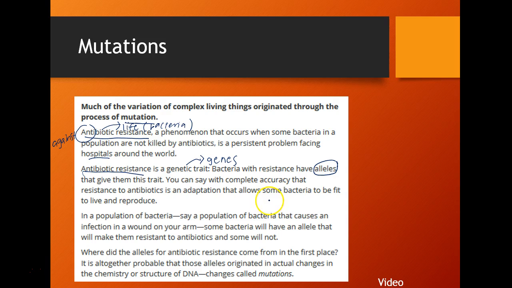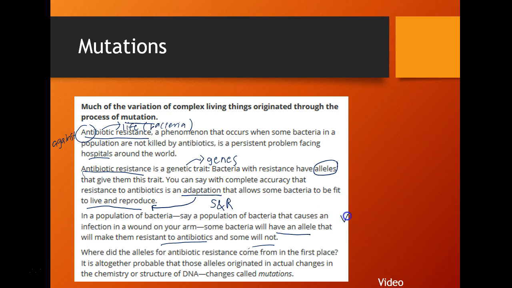You can say with complete accuracy that resistance to antibiotics is an adaptation, because it allows the bacteria to live and reproduce. Remember, adaptation is always surviving and reproducing. In a population of bacteria, some bacteria will have an allele that makes them resistant to antibiotics, and some will not.